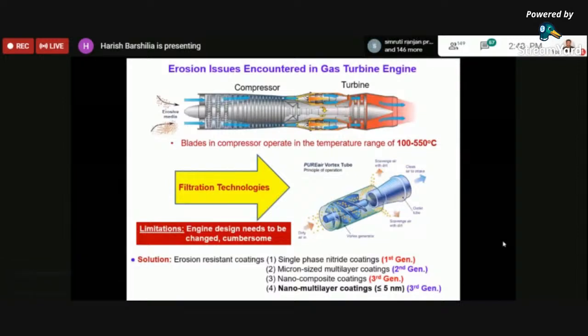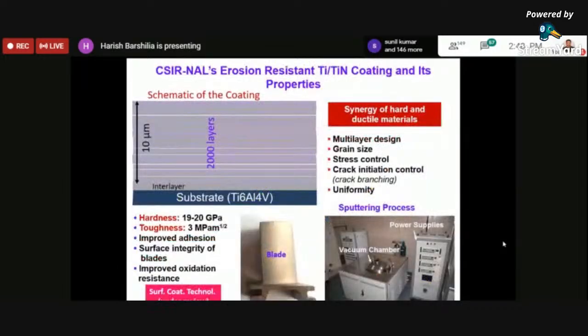So you want to prevent that damage, so we apply a large number of coatings. There are a lot of solutions. We have come up to third generation coatings, wherein we apply either nanocomposite coatings or nanolayer multilayer coatings on these kinds of things. So this is a patented coating technology.